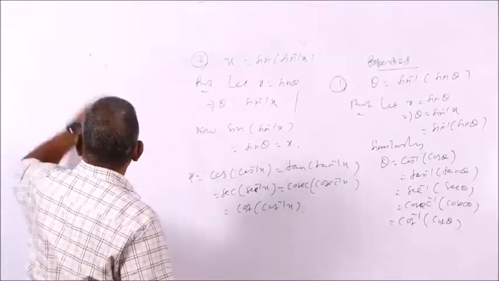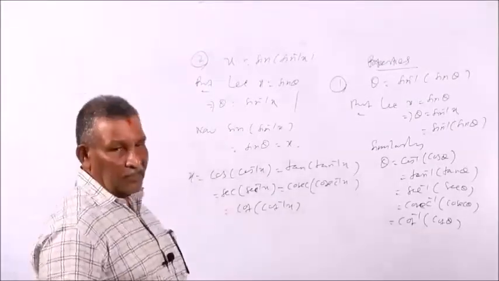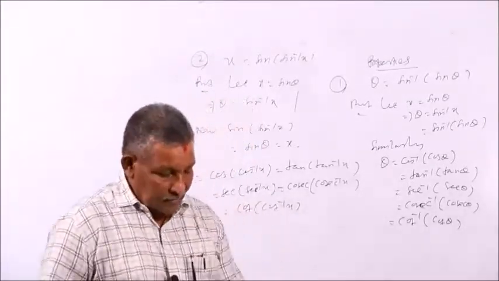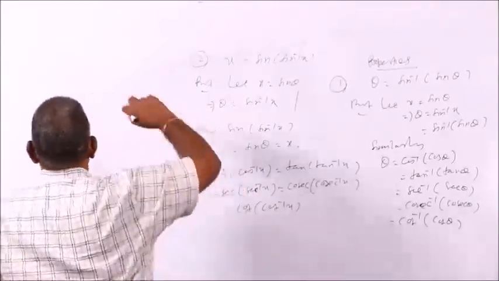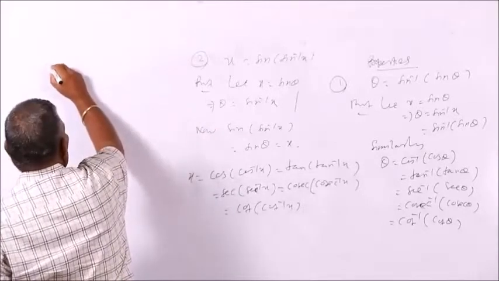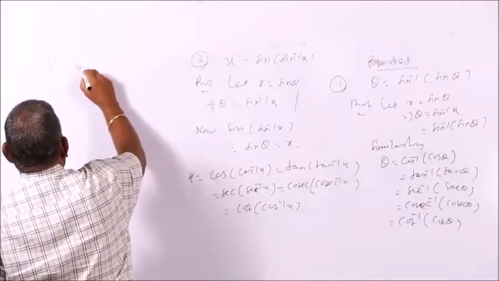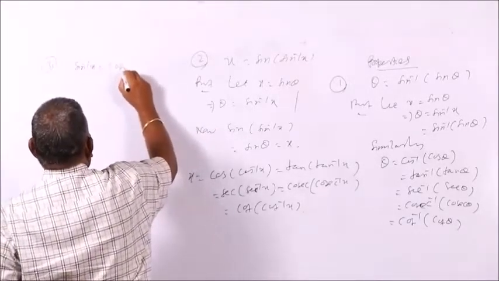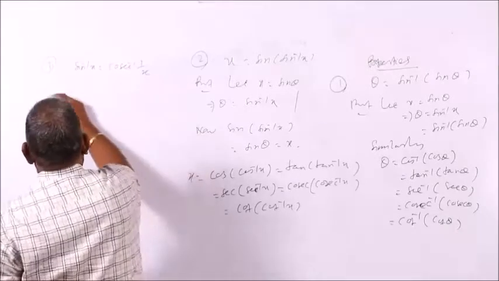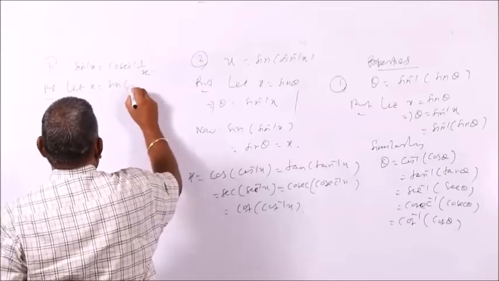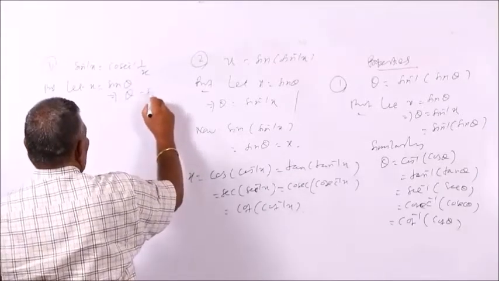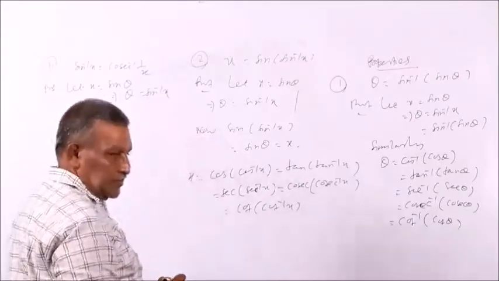Next we'll discuss the property giving the relation between sin inverse x and cosec inverse x: sin inverse x equals cosec inverse 1 by x. Let x equals sin theta, that implies theta equals sin inverse x.